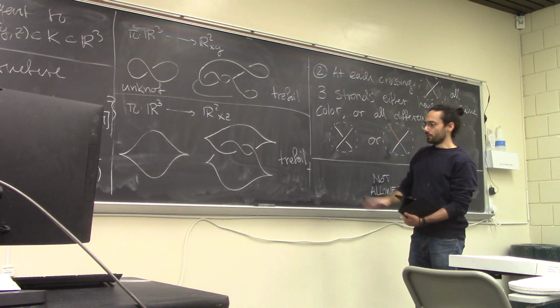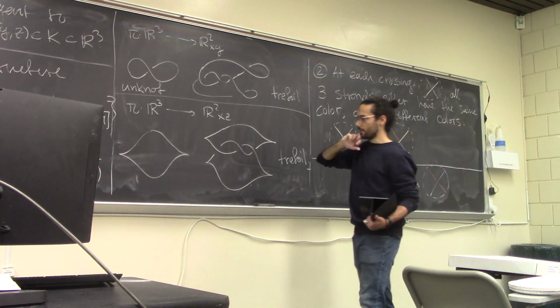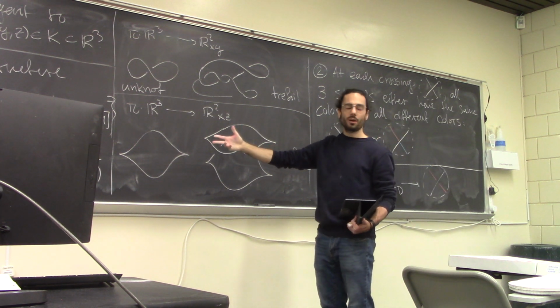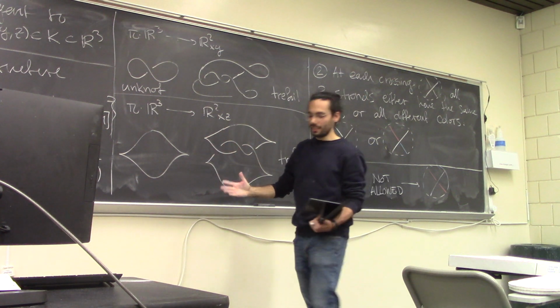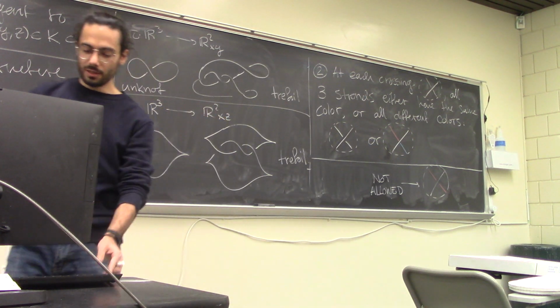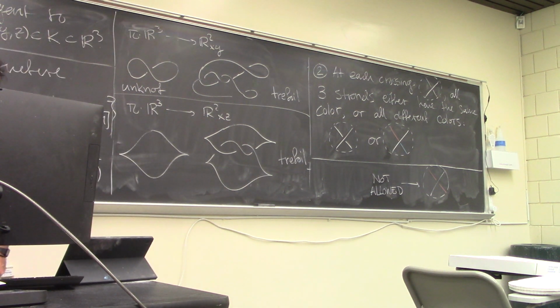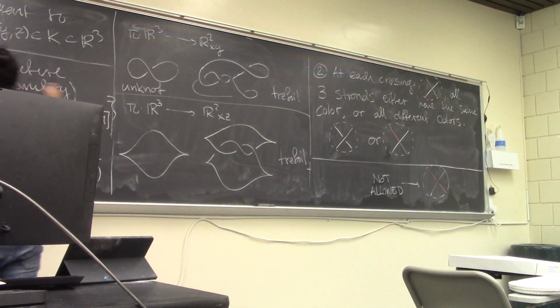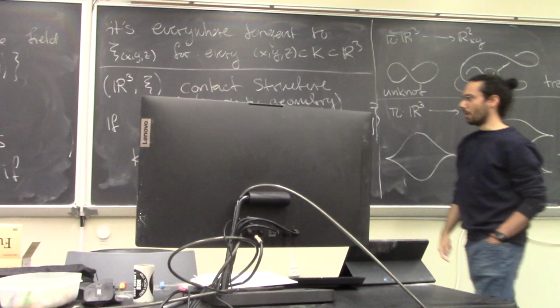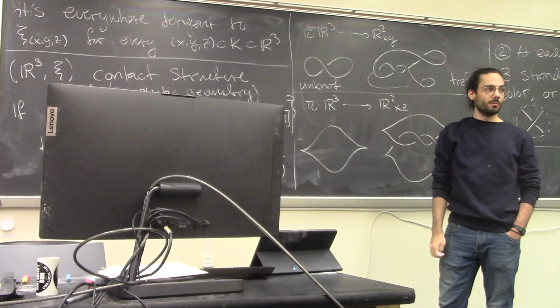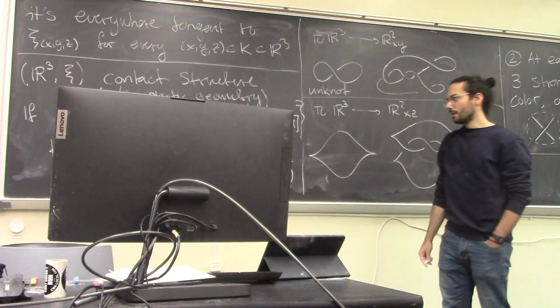In any case, these are just pictures to waste a minute. But the Legendrian knot story is very interesting. It's motivated by physics, why one would ever consider these kinds of weird plane fields in 3-space. It's also related to a field called symplectic geometry, which is related to this contact structure business, and also comes from physics.